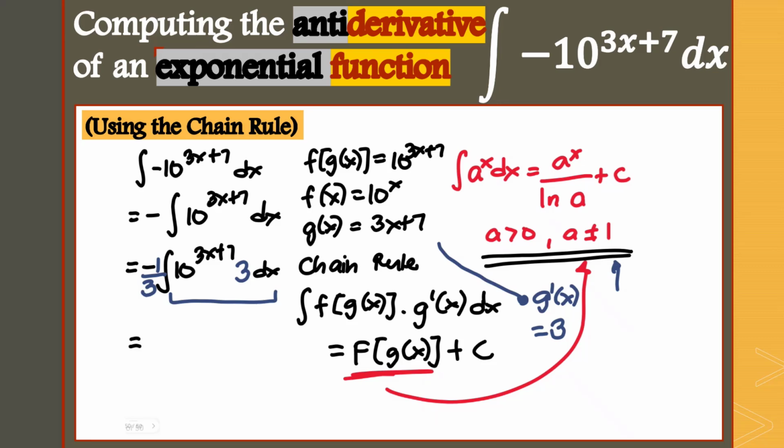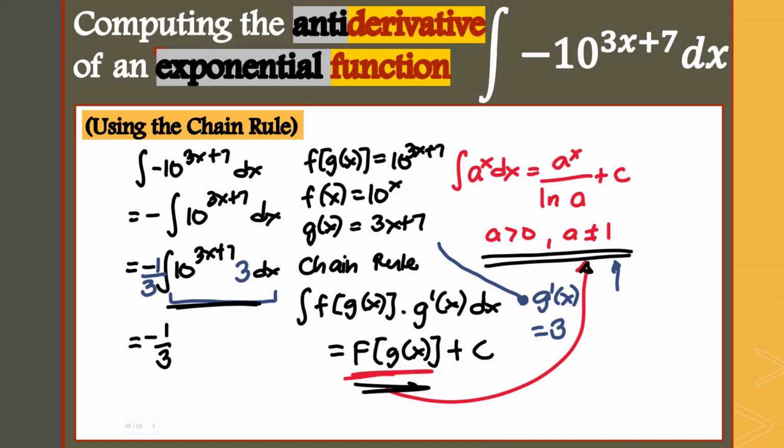So continuing that, negative 1/3, and since this fits the criteria for our chain rule, let's now use the rule for integrating or finding the antiderivative of our exponential function in this manner, where our a is 10, but our x is another binomial expression, 3x plus 7.